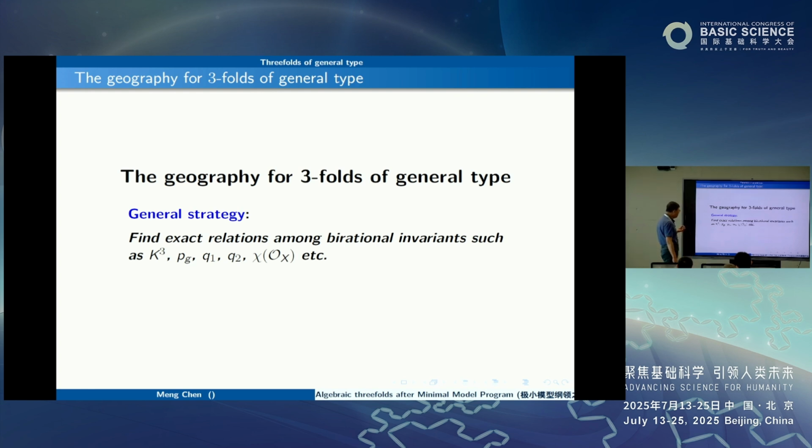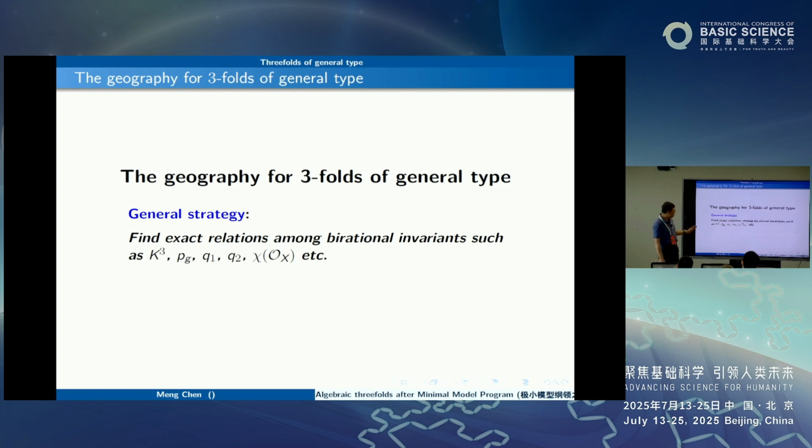This is a very delicate question. I think this theory is still at a very early stage. So the first step, we just try to understand the relation between two invariants.